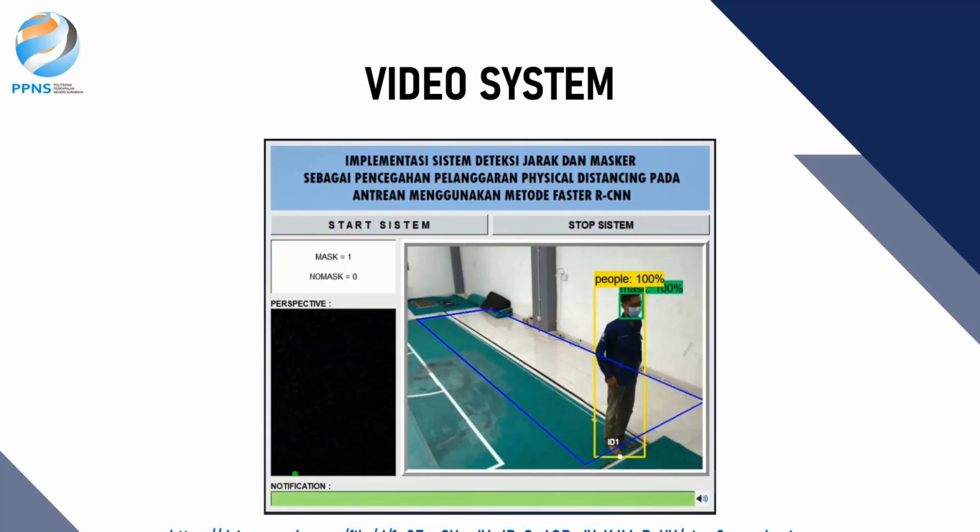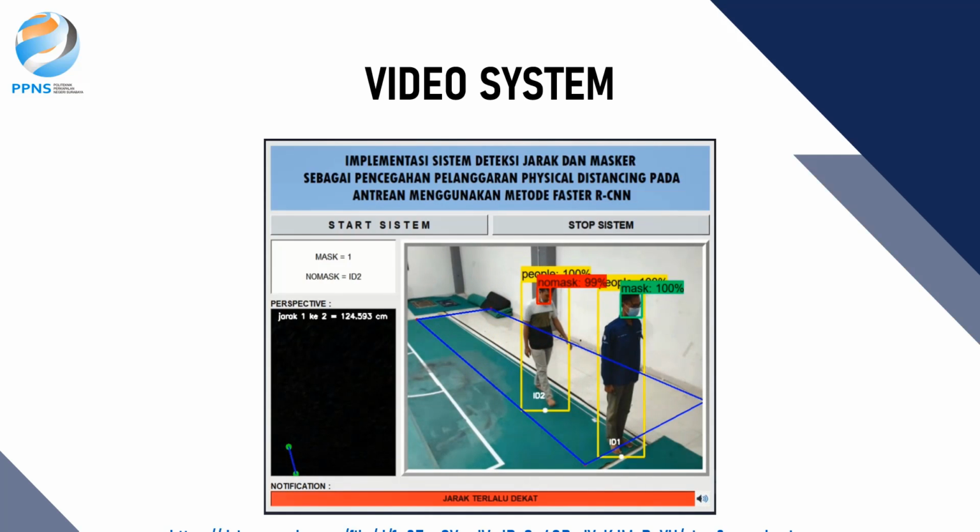Once the first person uses a mask, the system will detect the person successfully with an average prediction percentage of up to 100%. The same result is also performed by the system when the second person is not using a mask.